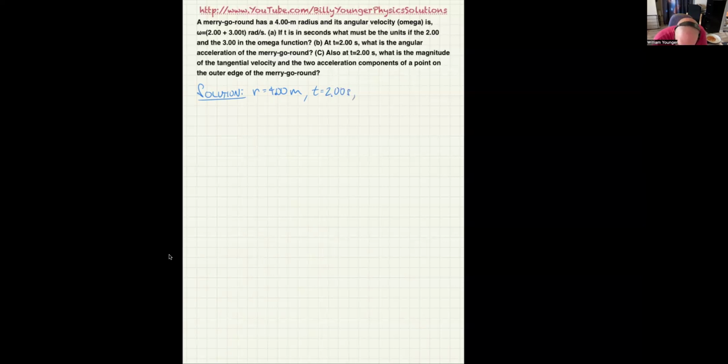And we know that omega as a function of time is equal to 2.00 plus 3.00 t, and all that is in radians per second. What we're asked in part A is the units of 2.00 is equal to question mark, and the units of 3.00 is equal to question mark.